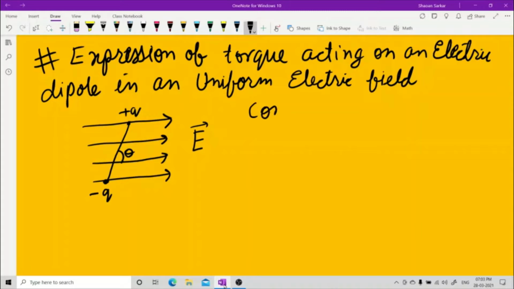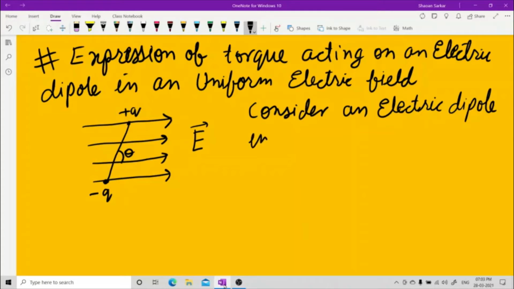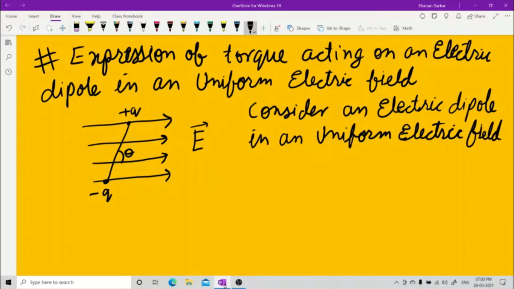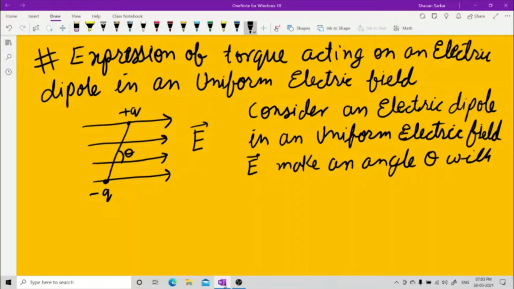Now consider an electric dipole in a uniform electric field E, making an angle theta with the field.